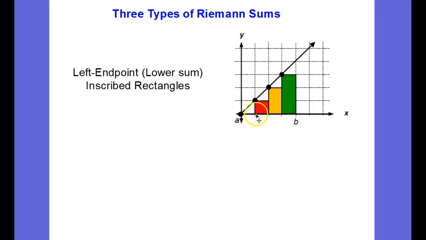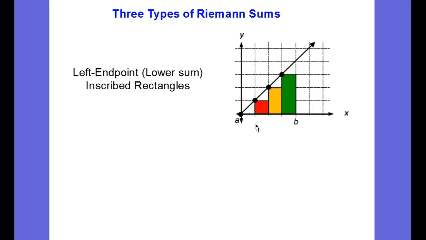So all we have to do is take this x value, plug it into f, and calculate an f of x, or y value. Multiply length times width, we get the area of each rectangle. Add these up and we get an approximation for the area under the curve bounded on this interval.